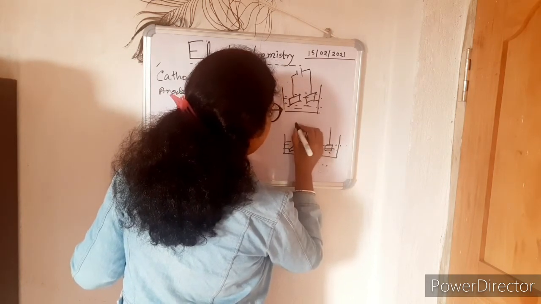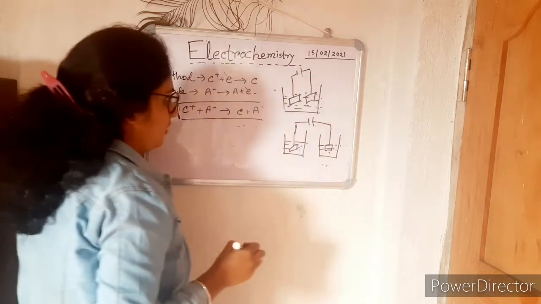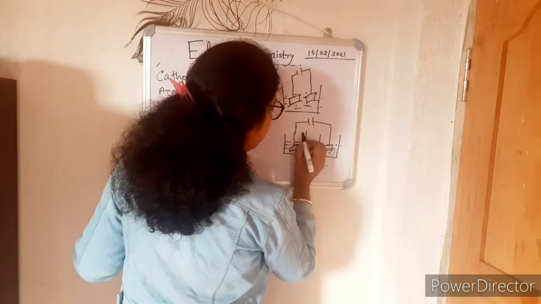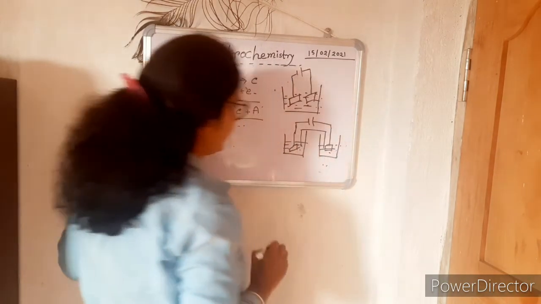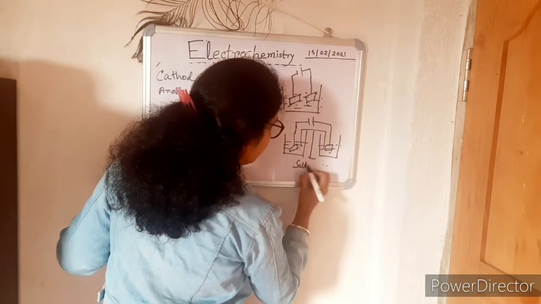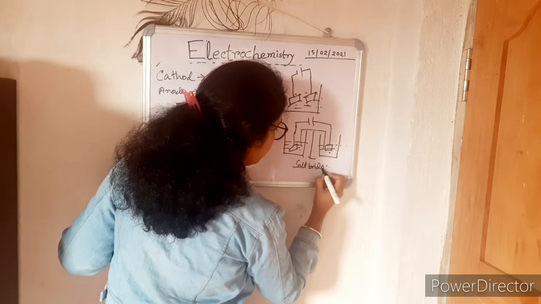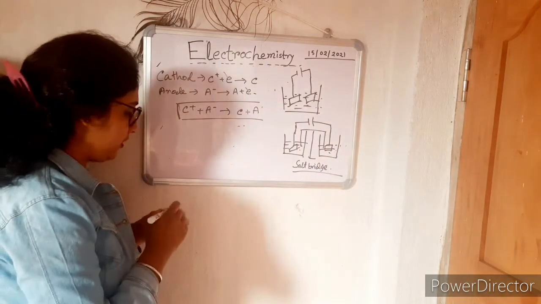Now these two beakers are connected by a salt bridge. This is a salt bridge. For a full description of the salt bridge, I will make more videos.